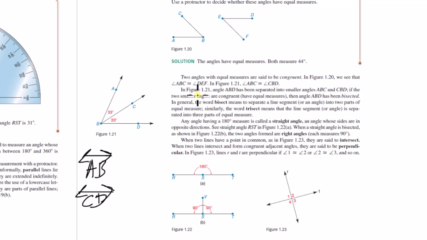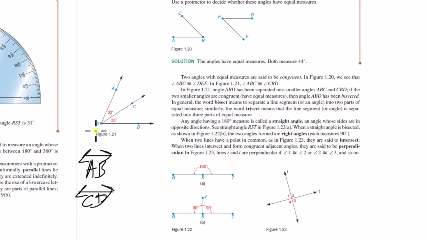Okay, in figure 1.21, angle ABD has been separated into smaller angles ABC and CBD. If the two smaller angles are congruent, so they have equal measures, then angle ABD has been bisected. Okay, so we started with an angle ABD. Imagine BC isn't there.